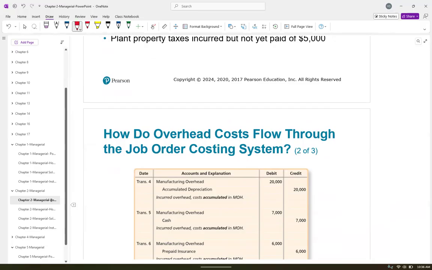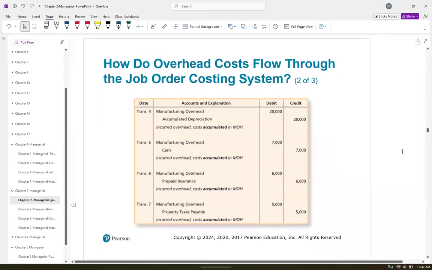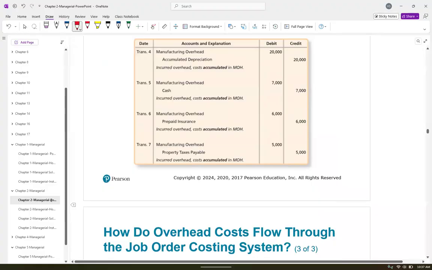But notice my debits are all going to manufacturing overhead. Property tax, we won't have property tax expense, not for the building and the factory, but we will credit property taxes payable. Okay. And they said incurred overhead cost accumulated in MOH. That's your manufacturing overhead cost.